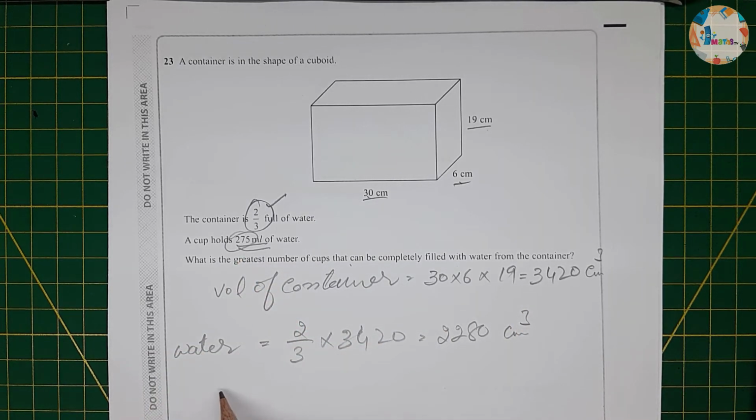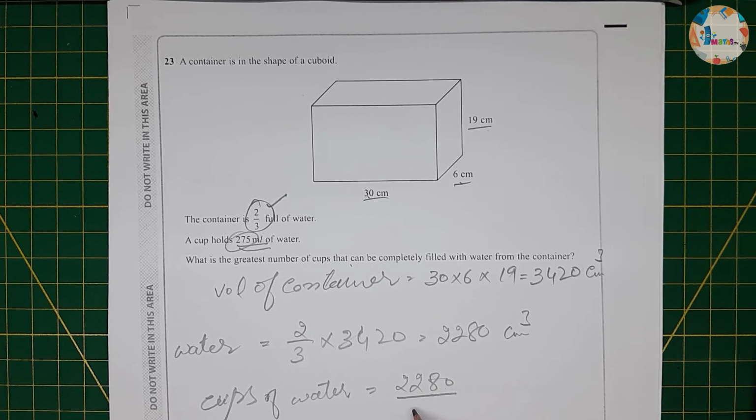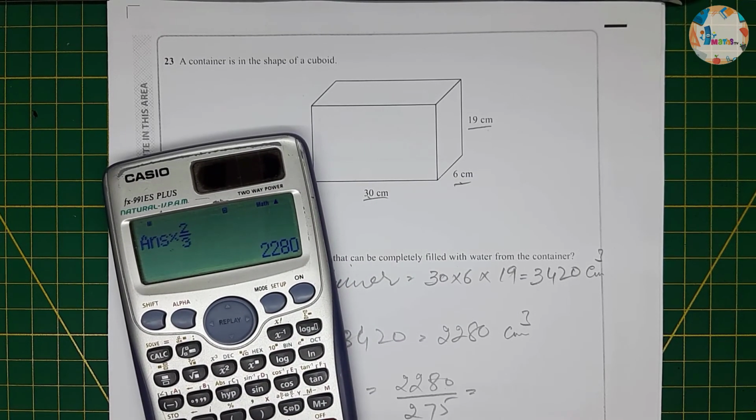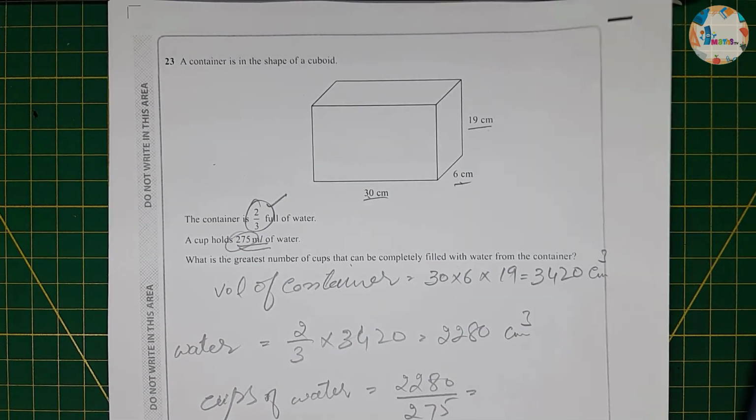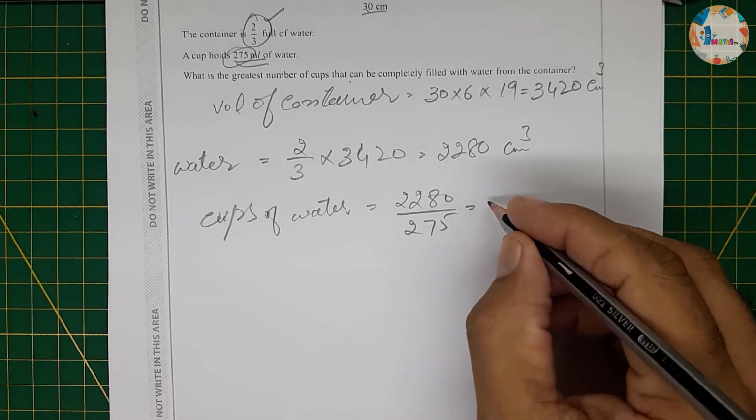Cups of water will be 2280 divided by 275, which gives us 8.29.